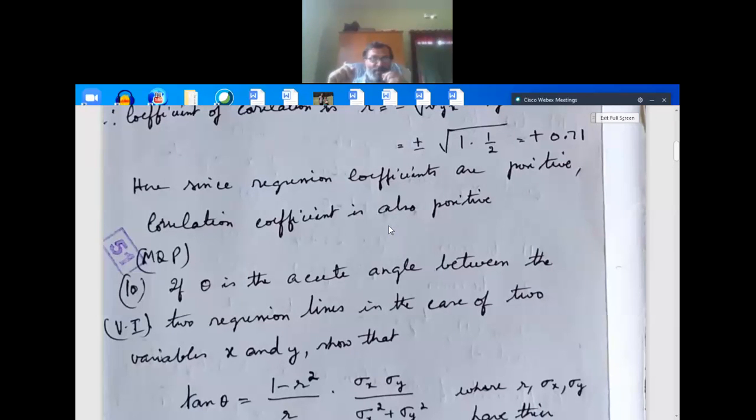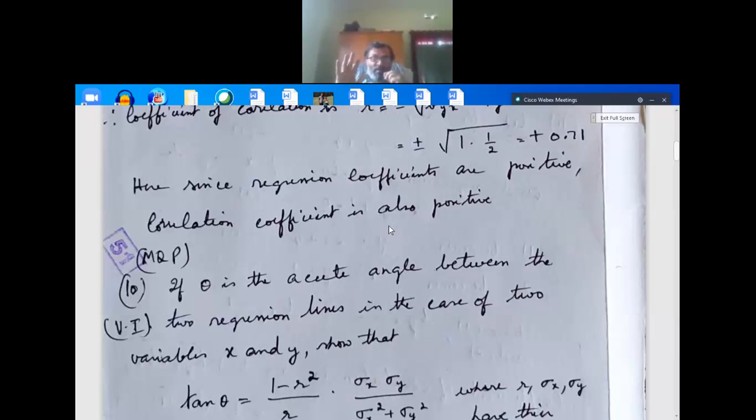From that we find r equals plus or minus square root of byx into bxy. The sign of r depends on the regression coefficients: if both are positive, then r will be positive; if both are negative, then r will be negative.